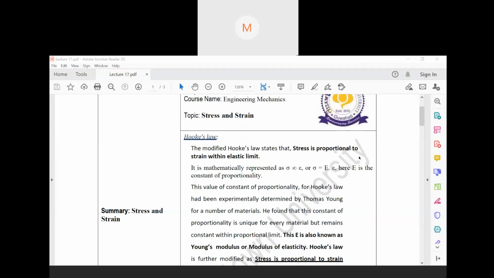Okay. So today we'll be discussing Hooke's law. Yesterday I just gave you a hint about it, right? So what is Hooke's law actually? As per Hooke's law, it states that stress is directly proportional to strain.